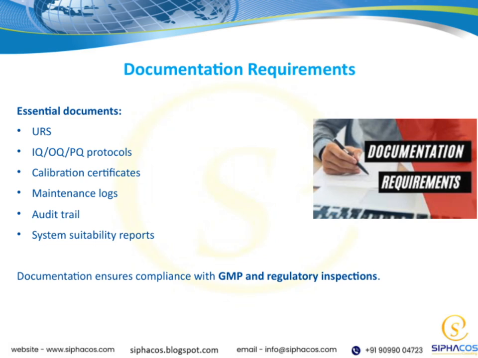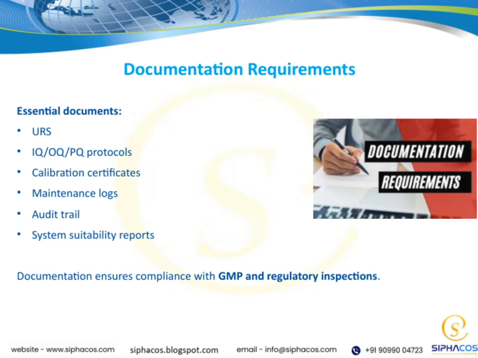Calibration certificates are also vital. They provide proof that instruments and equipment are properly calibrated, which directly impacts data accuracy. Maintenance logs are equally important because they track all service activities, helping us demonstrate that the system remains in good working order. An audit trail is another key element. It records all changes and activities within the system, providing transparency and accountability.